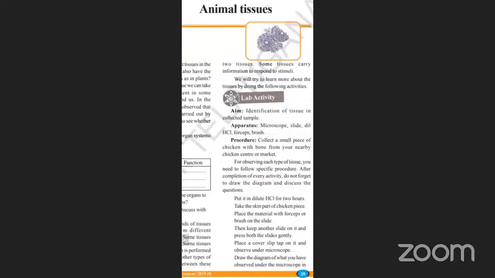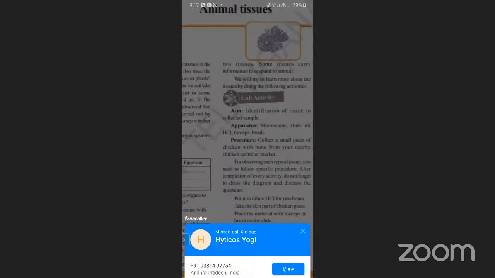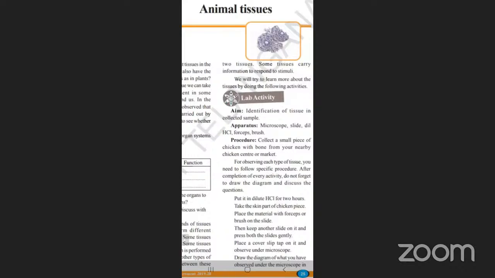Next, you can go for the procedure. Aim, apparatus, and the procedure. After the procedure, or in some books before the procedure, there are precautions. So here you have to go for the precautions. Then after precautions, observation.